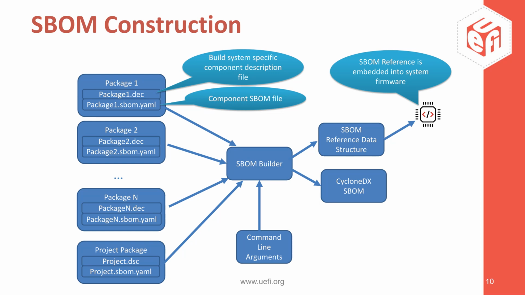Typically, each party creates its own package, for example, and all the source code is contained over there. So that's why we think it's more practical to describe firmware composition at the source tree level.